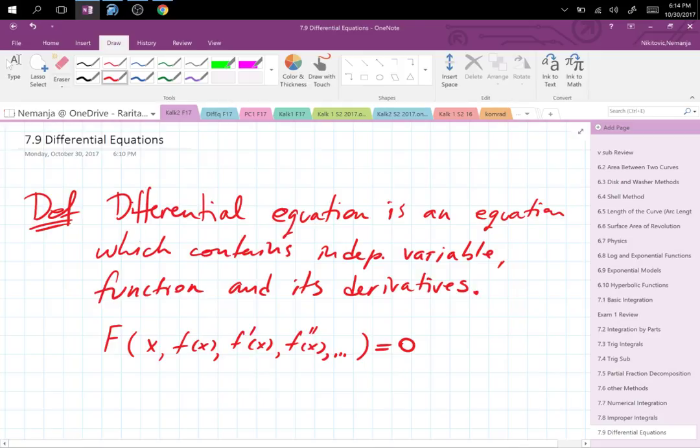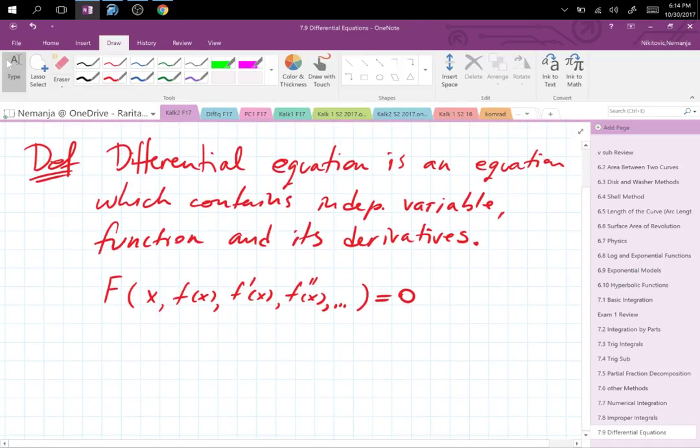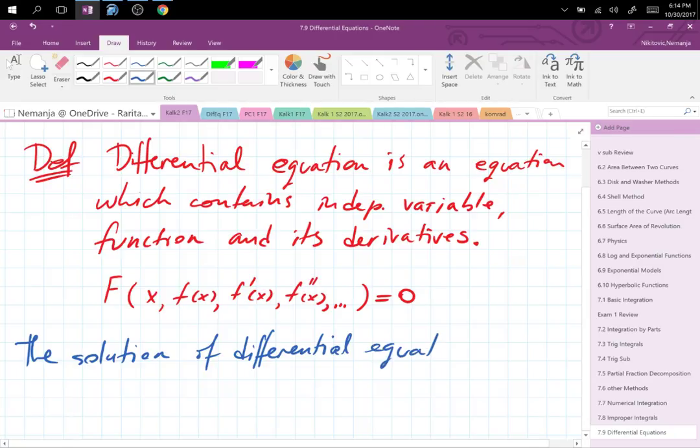You understand this notation from Calculus 3 as a function of multiple variables, where each one of these variables in this case is a function. The next major concept after the definition is that the solution of a differential equation is a function.